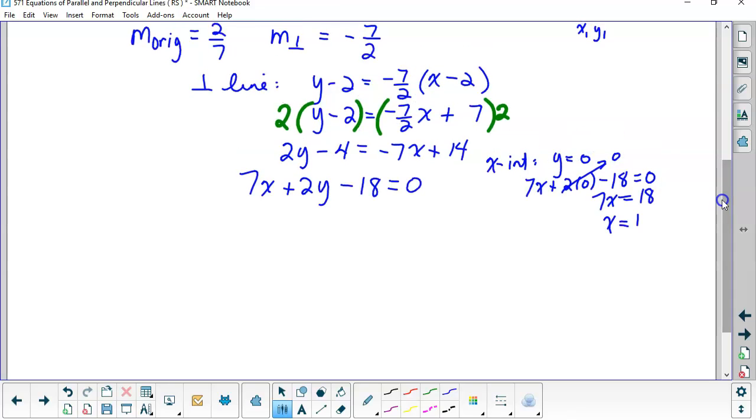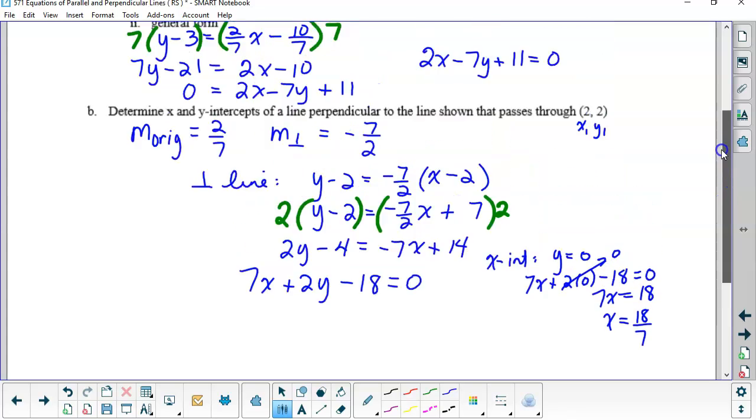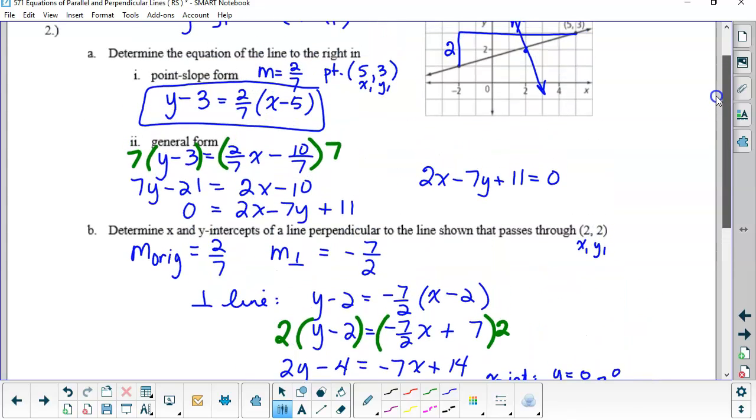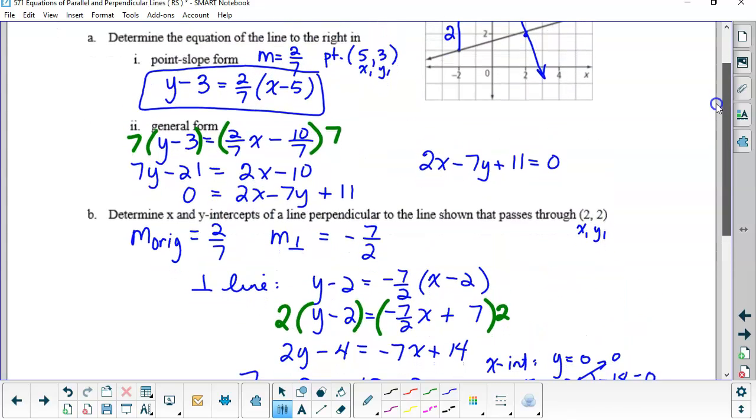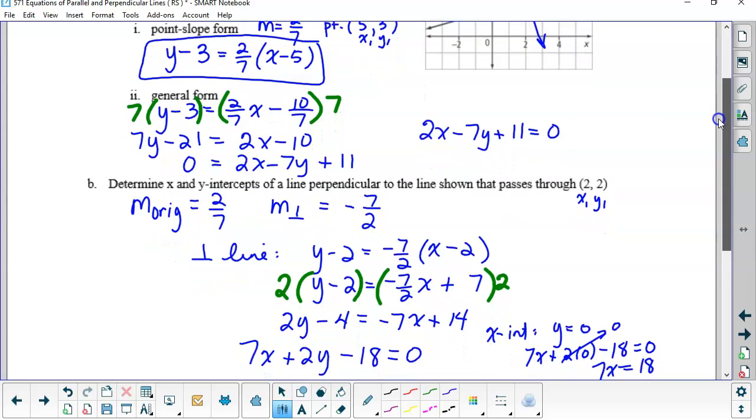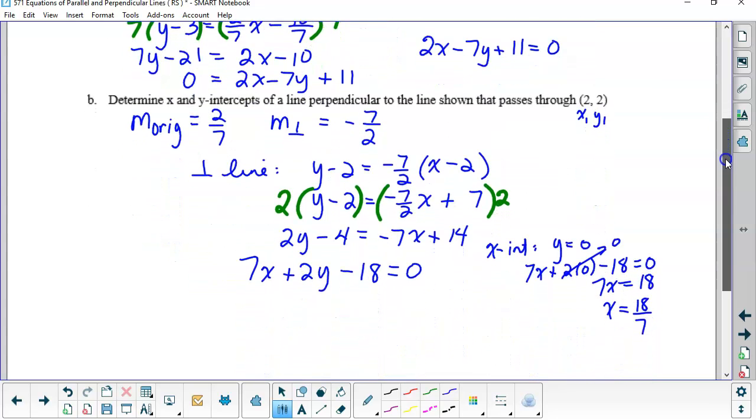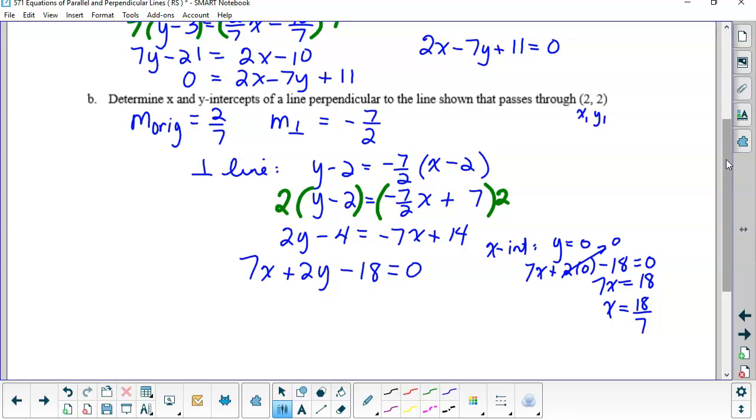So x equals 18 over 7. So that is a little bit more than 2. If you look at our graph, looks like a little bit more than 2, right? Hard to know exactly. You can't get it exactly when that's going to be 2 and 4/7, right? Y-intercept is when x is 0.